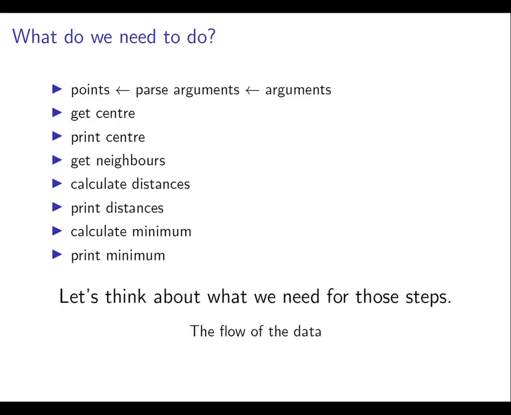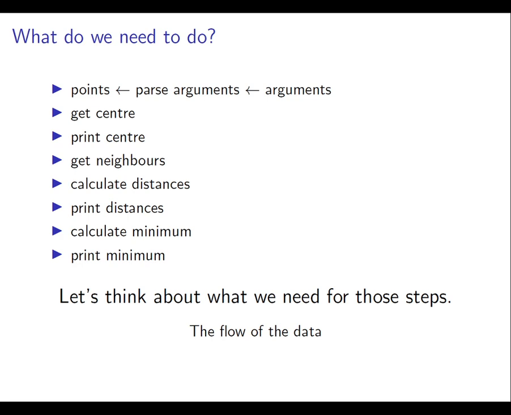So, in order to parse the arguments, what is the input and what is the output? We're reading from right to left. The input is the arguments, that's the string arguments that appear on the command line to our program. Parse arguments is the process we do, and the result is some representation of the points that are of interest. Okay? So similarly, how do we get centre?